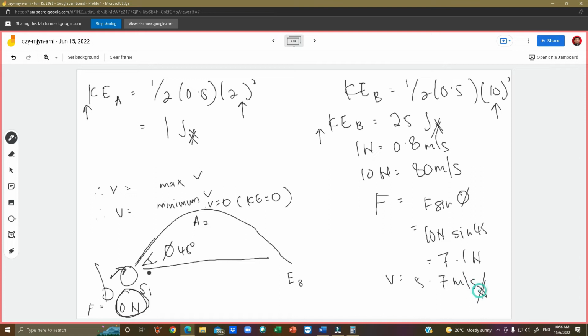Okay, ini kita dah dapat kelajuan bola dekat starting. Okay, now let's find out what is the KE of the ball here. Half mv squared equals to half, m is 0.5, v is 5.7 squared.